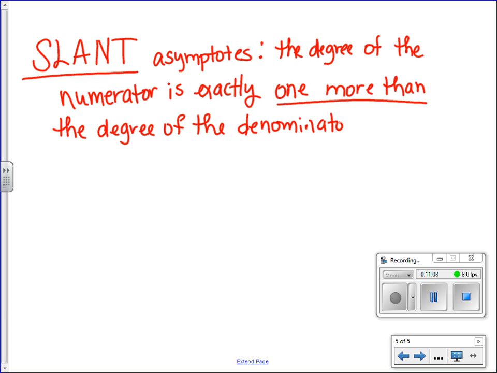Can you have a slant asymptote and a horizontal asymptote in the same problem? Yes. Alright, what's the rule here? If the degree of the top is exactly one more, which means n is greater than m.